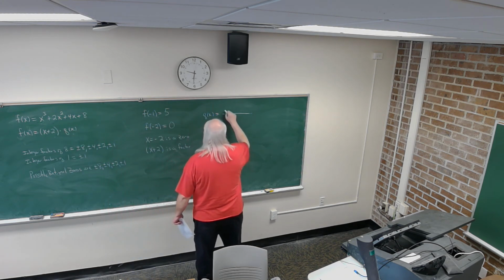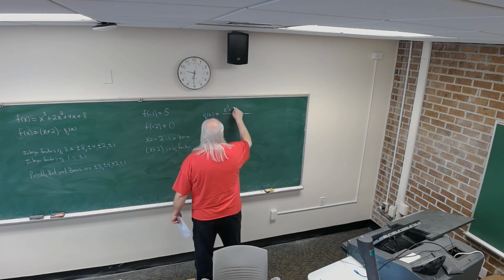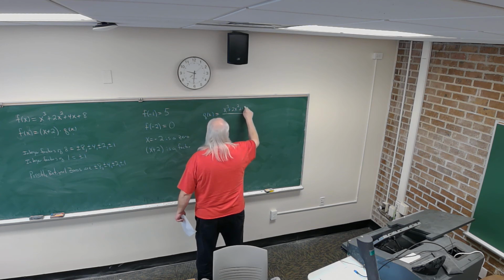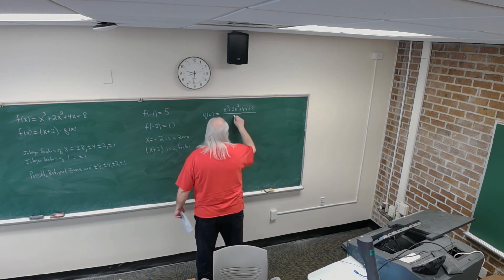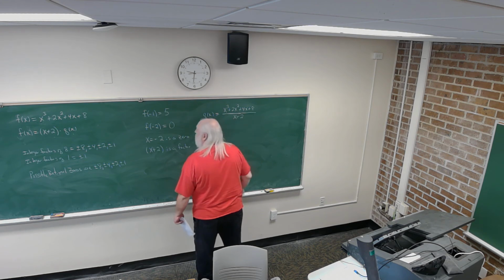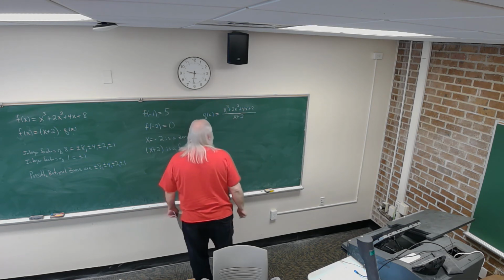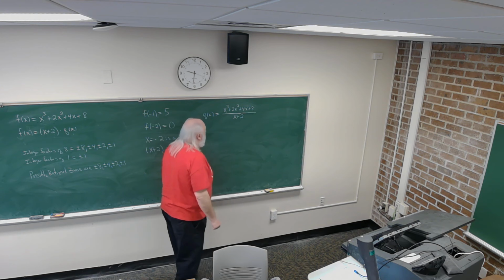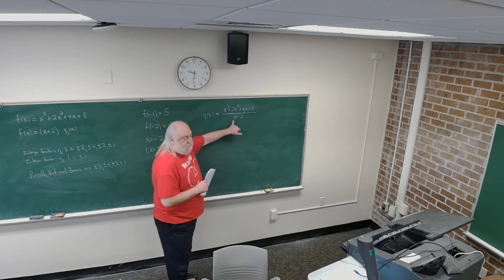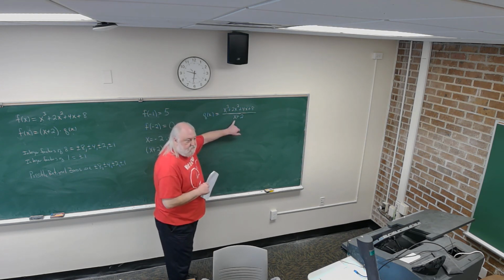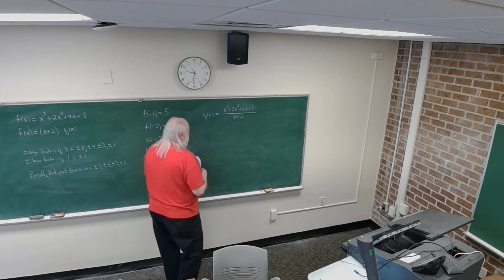So we have x cubed plus 2x squared plus 4x plus 8. We divide that by x plus 2. Well, the divisor x plus 2 is linear, so we can use synthetic division.